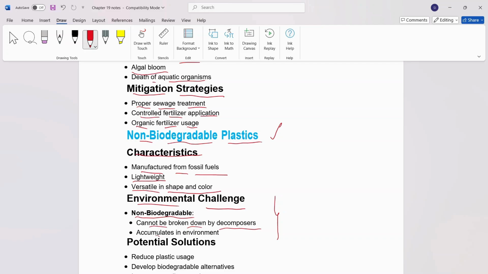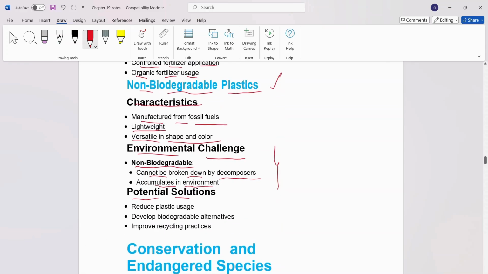They accumulate in the environment. Then we have the potential solution: reduce plastic usage. We have to use materials that are biodegradable so that they can decompose. Potential solutions: reduce plastic usage, develop biodegradable alternatives, and improve recycling.